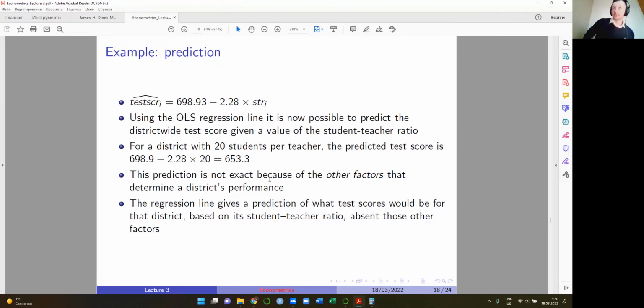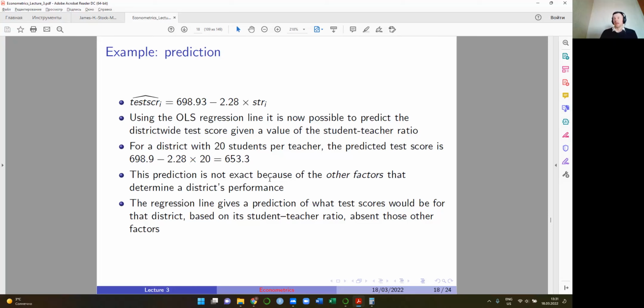Well, the last part of today's lecture is related to the following question. So now we have discovered several things. The first thing is that we are able to estimate those values of beta 0 and beta 1. This is just mathematics. The second thing is that once we established the OLS regression line, and once we make some predictions, we see that this prediction may not work well.